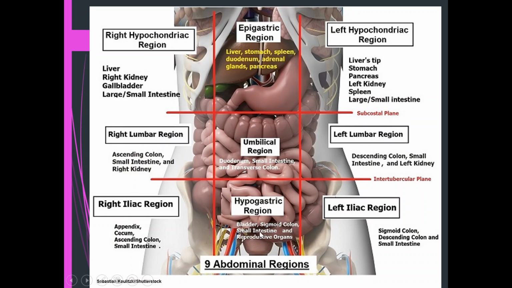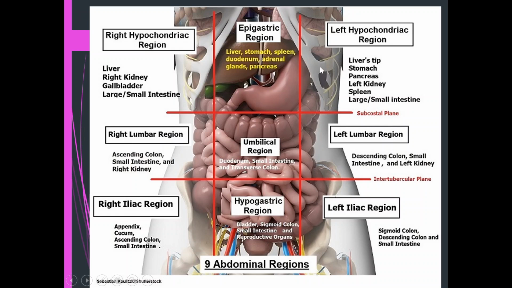Previously, it was mentioned that there were four quadrants. Here you can find the nine abdominal regions. Under each region, you can find different organs or parts of the abdomen. Let me show you. In this region here, if you see the cursor, you can find the right hypochondriac region. Next is the right lumbar region, and lowest is the right iliac region.